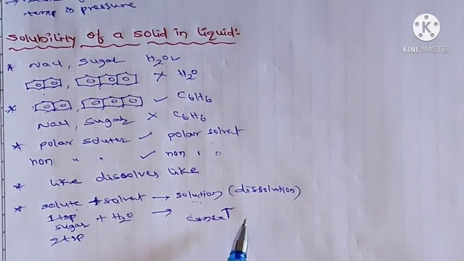So this process is known as dissolution. When a solid solute is added to the solvent, some solute dissolves and the concentration of the solution increases. So this process is known as dissolution.